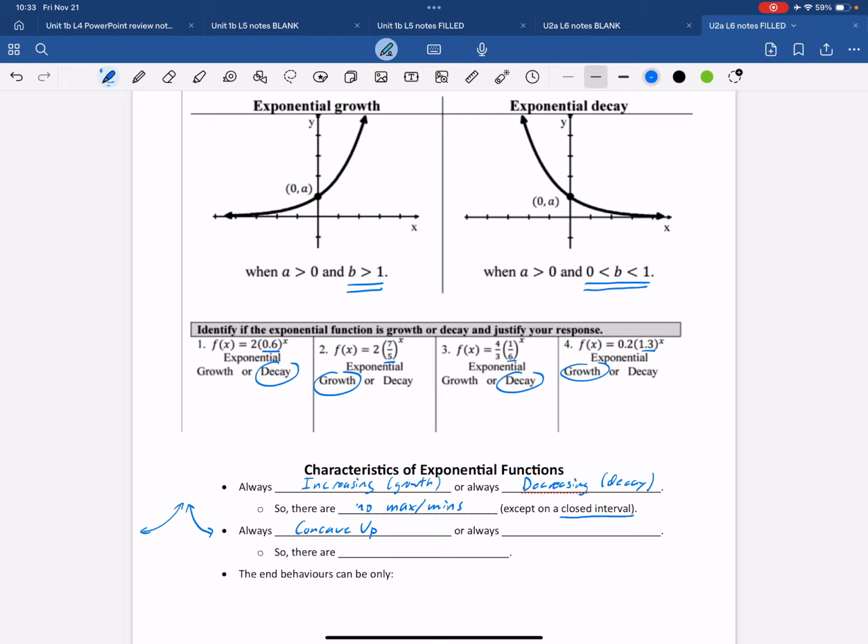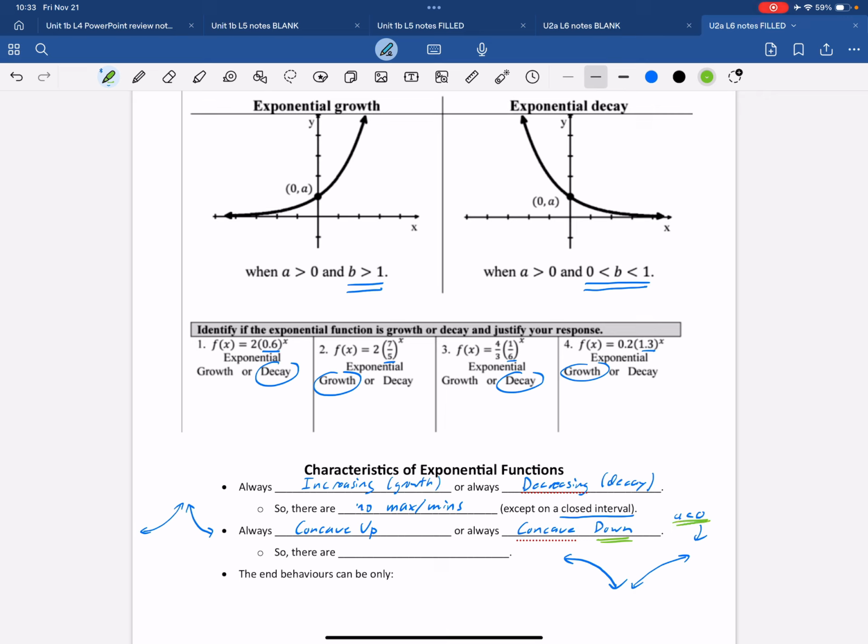If we had a negative a value, they could be concave down. So if a is less than 0, we could have graphs that look like that. But that's only going to be when we have negative values.